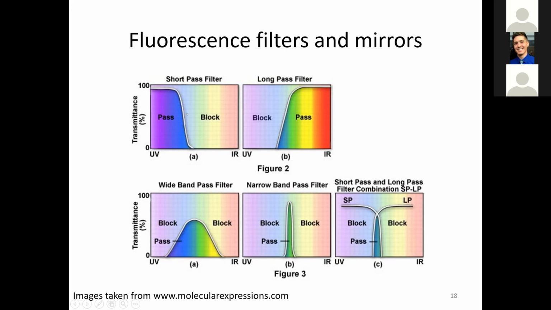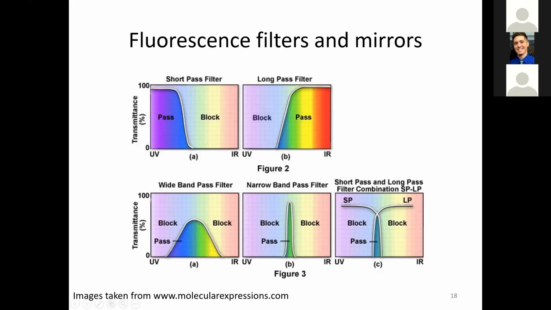We don't see long and short pass filters very much in microscopy anymore. Generally, filter sets are what we call band pass, or sometimes you'll hear them referred to as notch filters.